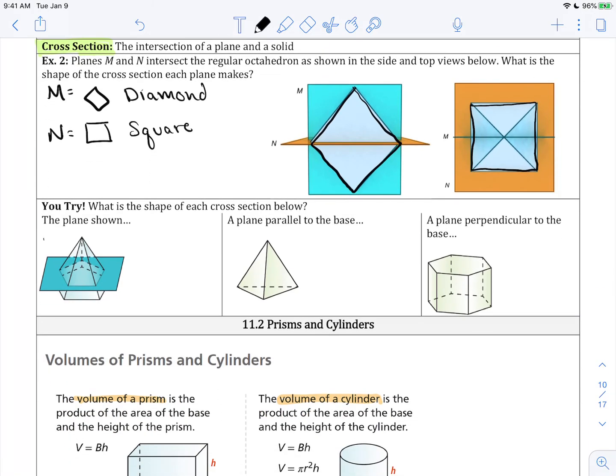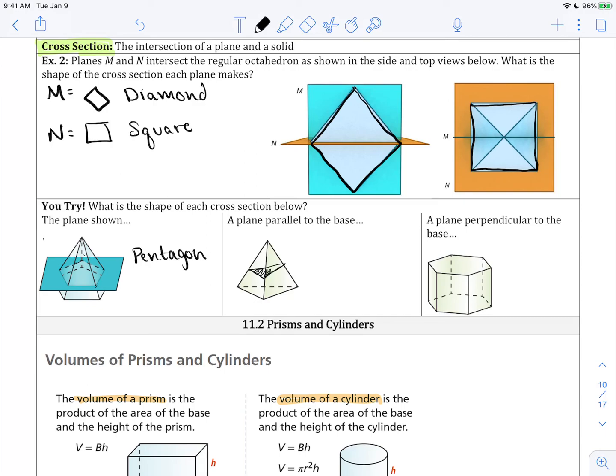What do you think the name of the shape of this cross section would be? Well, you should have selected pentagon, a 5-sided figure here. A plane parallel to the base intersects here. So if it's parallel to the base, it would come through and it would look something like this.